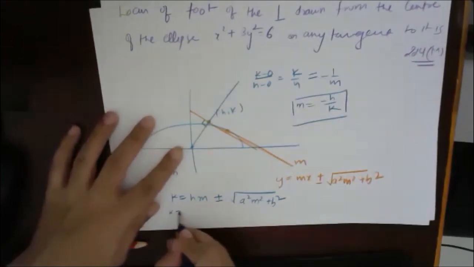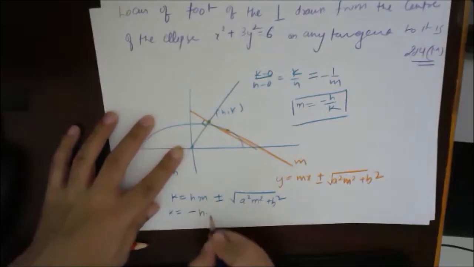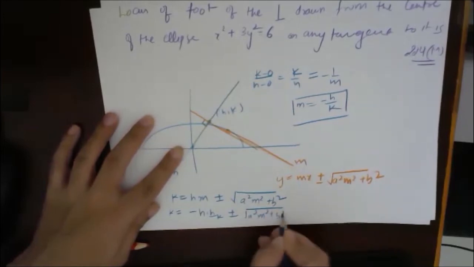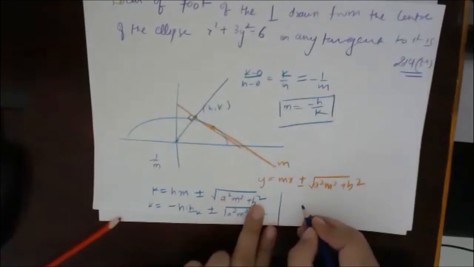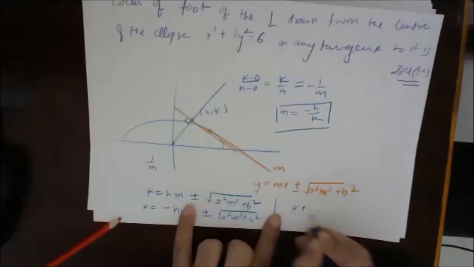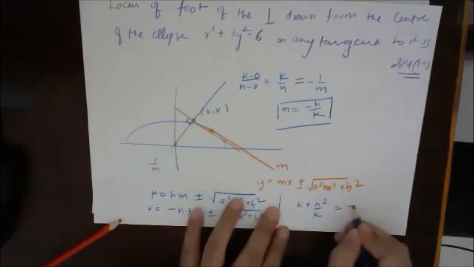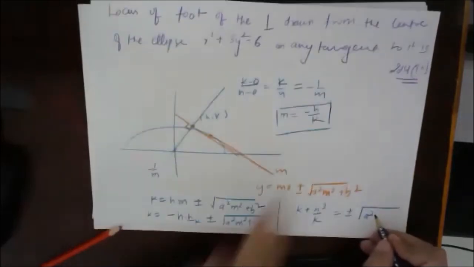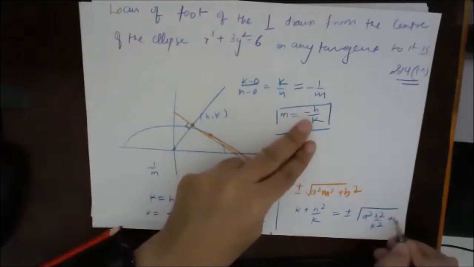So k equals minus h into h by k plus minus under the root of a square m square plus b square. If I take this on the other side, k plus h square by k equals plus minus under the root of a square, where m square is nothing but h square by k square, plus b square.